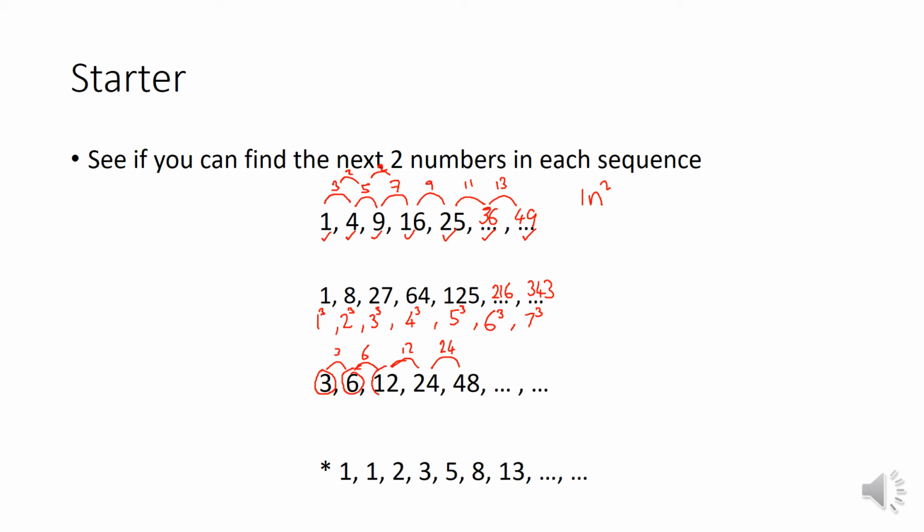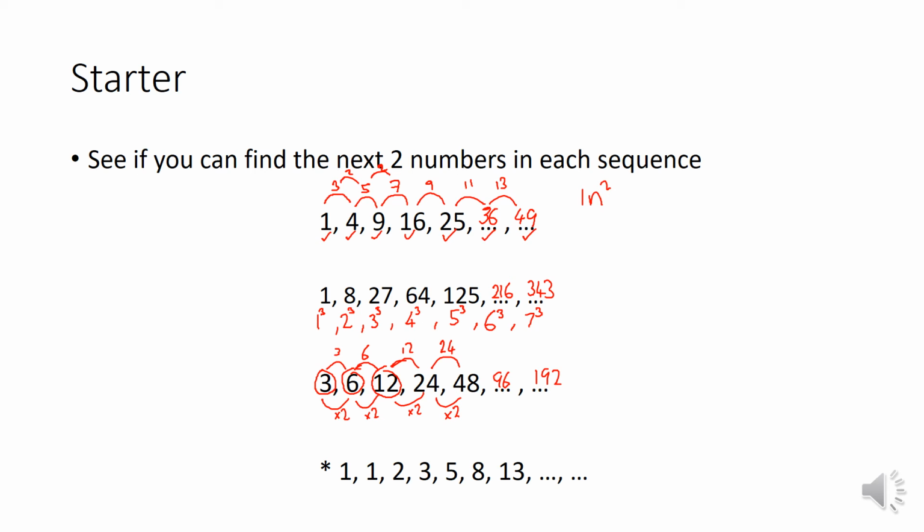The next one's going up by 12, because this one's 12, and so on. The other way you can think of it is that it's times by 2 each time. So 96 and 192 for that one. So again, a little bit different. It's timesing rather than adding on each time.